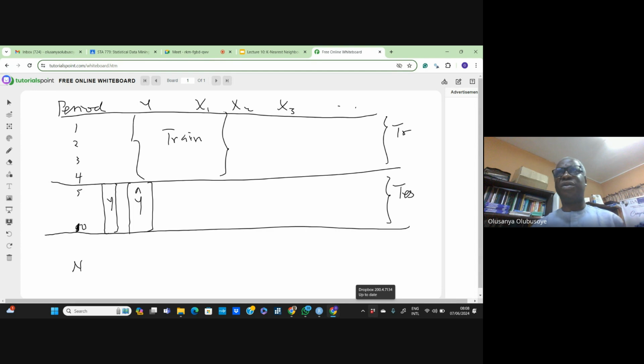That is what we call model evaluation. So you evaluate the model on the new data. This will be regarded as your new data, and this is the training data.